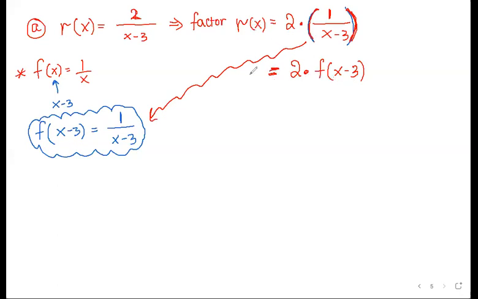So now r of x is equal to 2 times f of x minus 3. Now I know how to graph f of x. The graph of the function f of x is something like this.